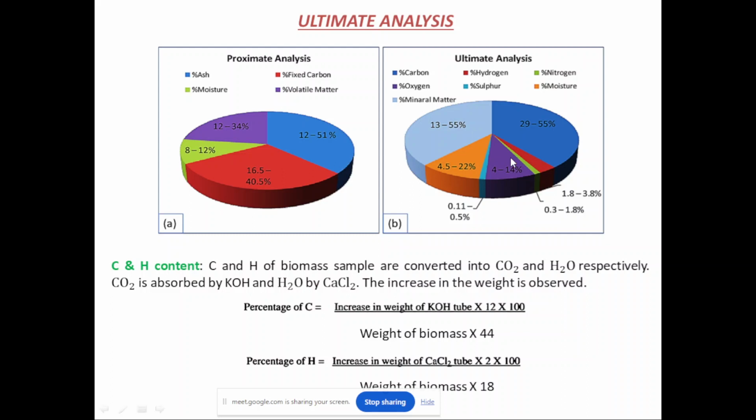Here are the two formulas for determining the percentage of carbon: increase in the weight of the KOH tube times 12 times 100, divided by weight of biomass times 44. These are just the formulas. Similarly, for the percentage of hydrogen, you multiply the increase in the weight of the CaCl2 tube times 2, divided by weight of biomass times 18.